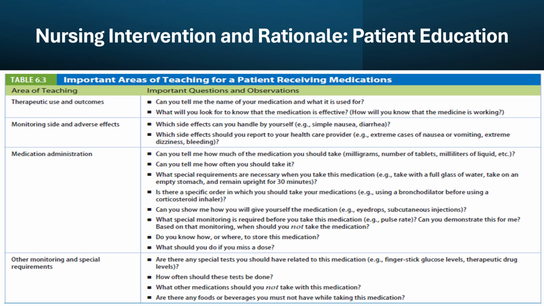Older adult patients often have chronic illness and age-related changes that may cause drug effects to be unpredictable.